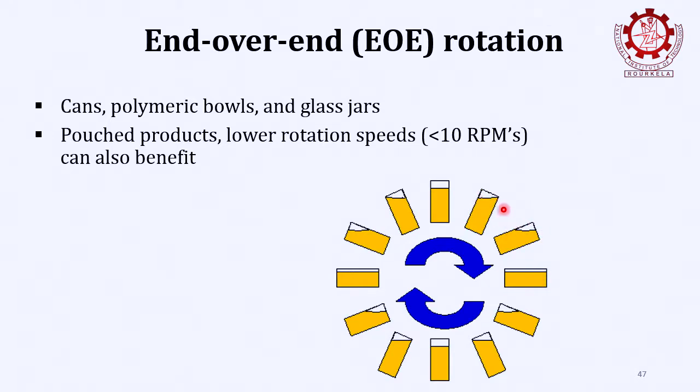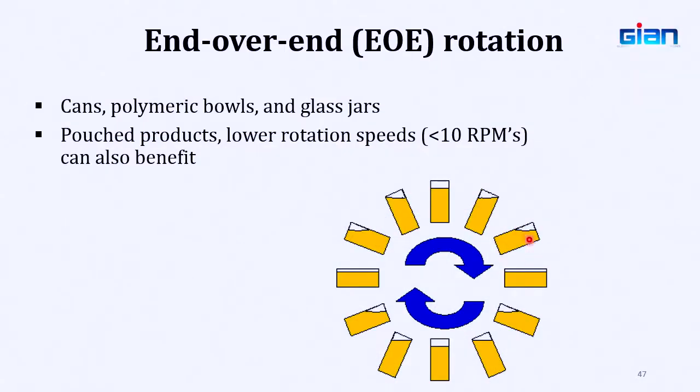As it is doing this, the bubble, because it is a vacuum, always stays on the top. It's a lower density than your food product, right? So that stays on the top, and that creates the kind of turbulence or agitation that allows good mixing in the can content, and that facilitates the heat transfer. So that's the basic motive of having agitation. So this is the end over end rotation.